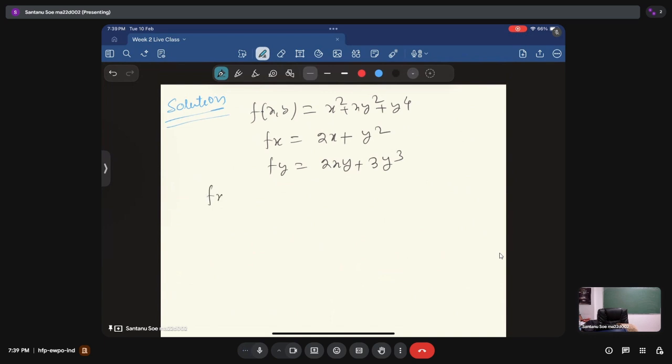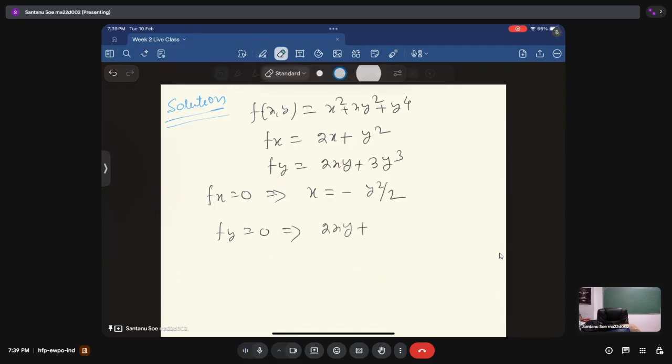Now if we just put fx to be 0, this will imply x is minus y square by 2. Okay, and fy is 0, this will imply 2xy plus 4y cube equals 0.